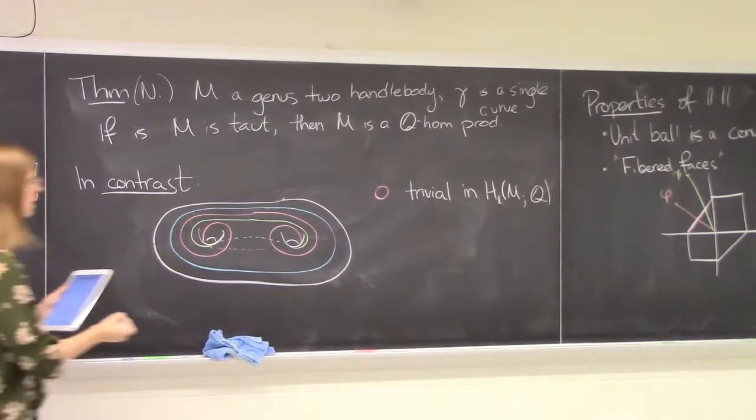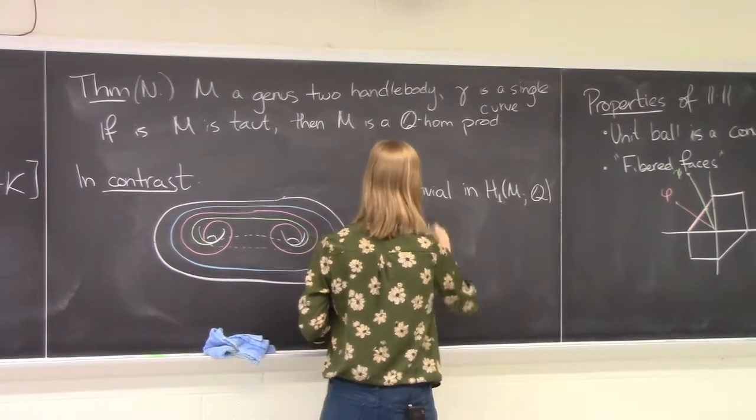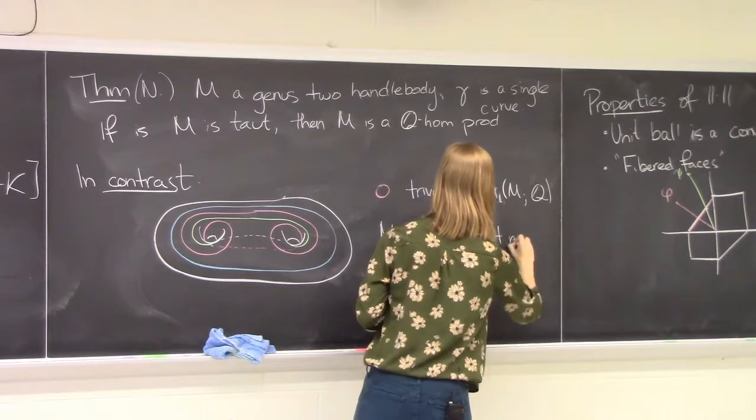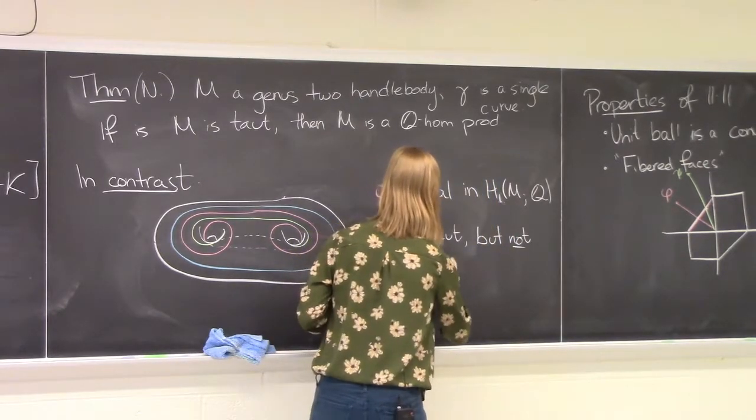So this gives an example. So M here is taut, but not a rational homology product.